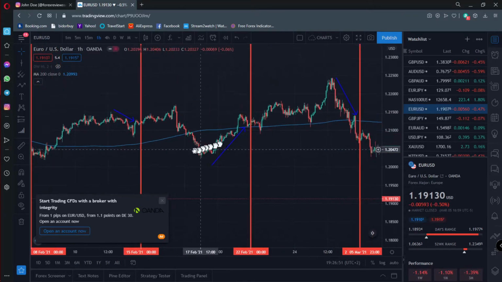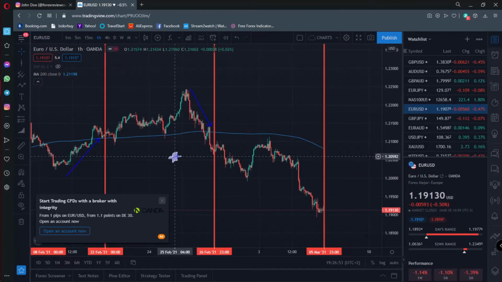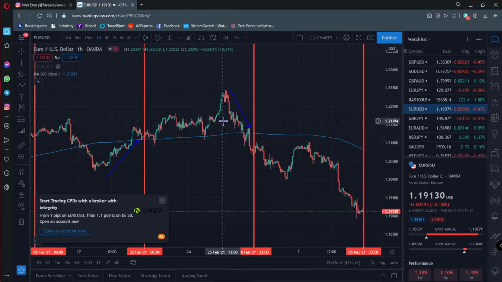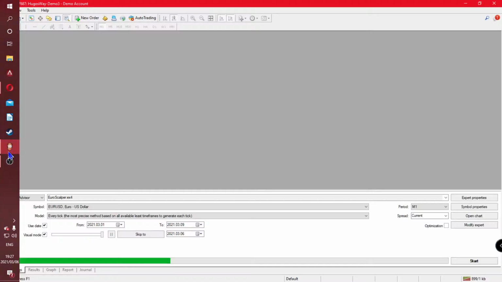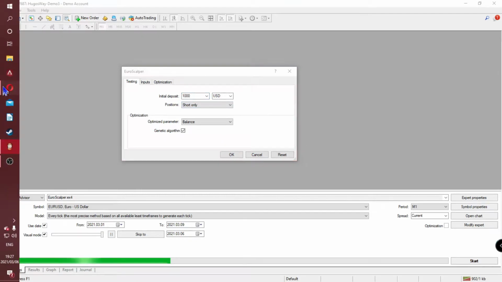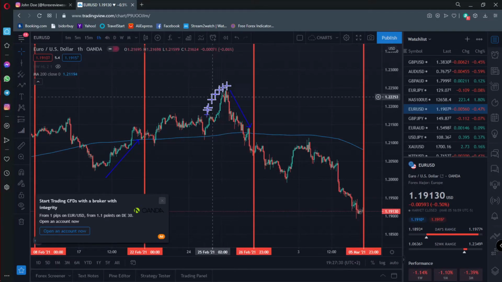So if we use the previous week over here and say that this is a downtrend, let's go back to our expert advisor, go to testing, and change the setting to short only, because we saw the market was in a downtrend at the end.